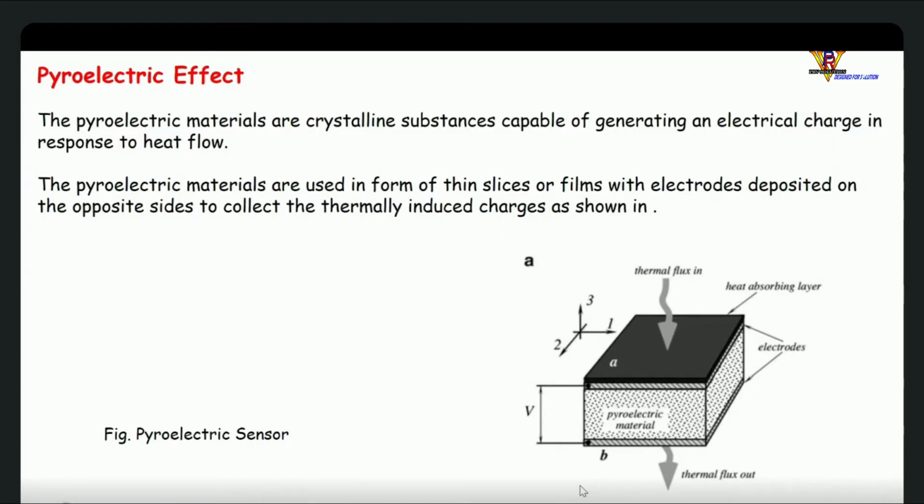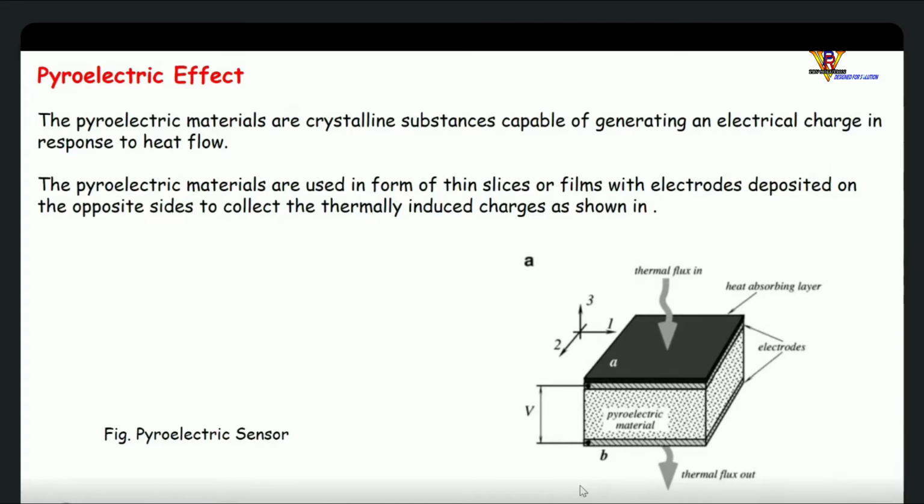Correct. So these materials can be used to design a sensor, and the sensor will be capable of sensing the temperature difference, the flow of this thermal flux. Correct. So this pyroelectric sensor is essentially a capacitor which can be electrically charged by flux of heat.